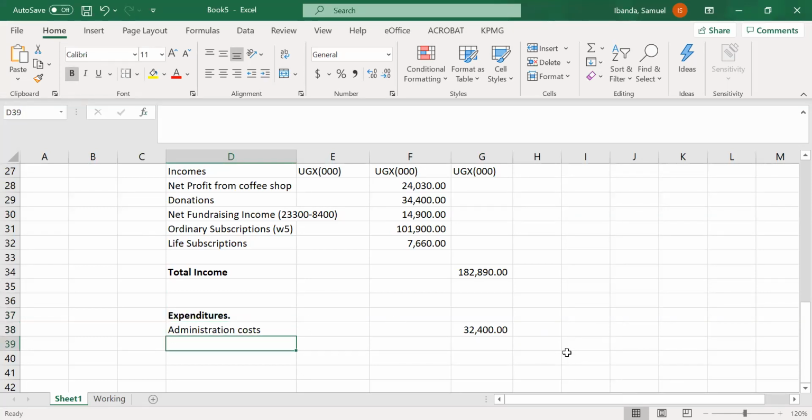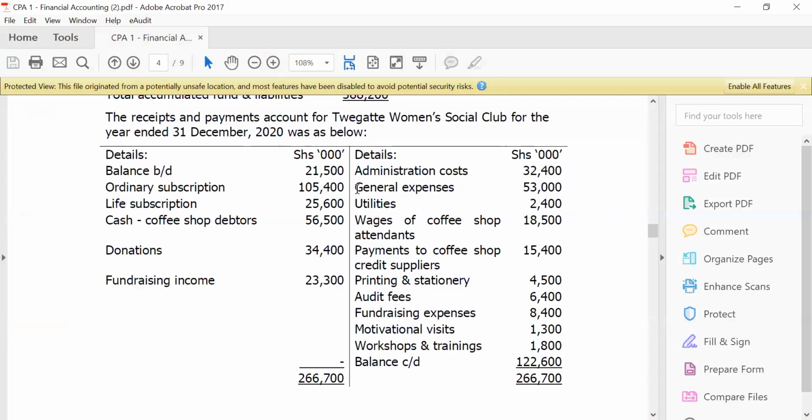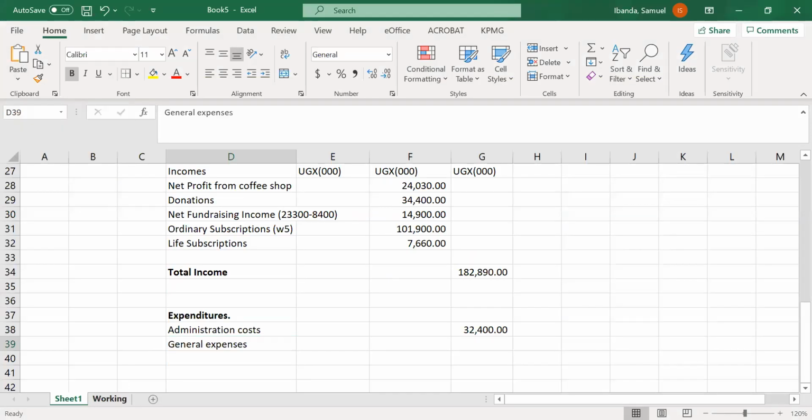So again, go and look for other expenses. Now, other expenses is general expenses, but general expenses, we already calculated the portion that related to the club. And we calculated it under our working.